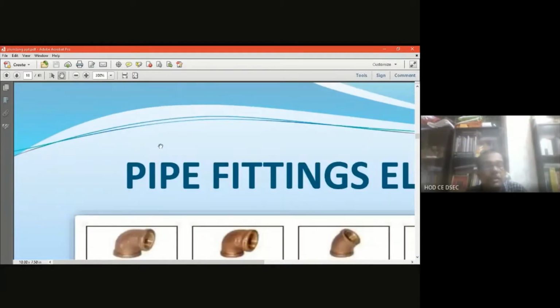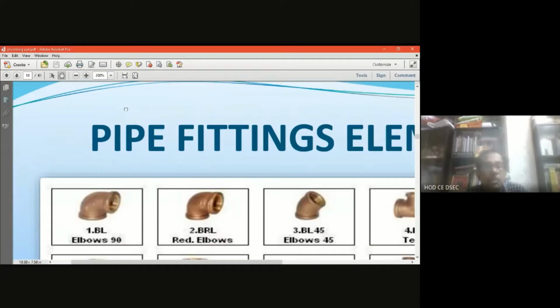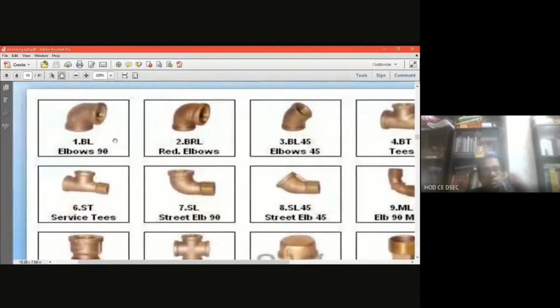Now you see, this is the elbow, 90 degree. As a civil engineer, you should be acquainted with these terms, not only in industry, but also if you call a plumber to your house, or if you are going to install plumbing work in your own building.